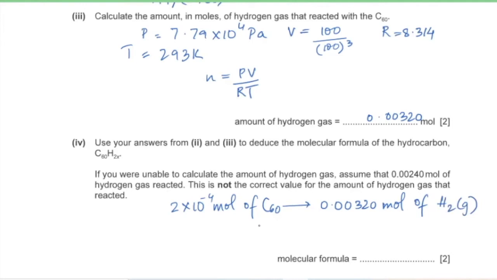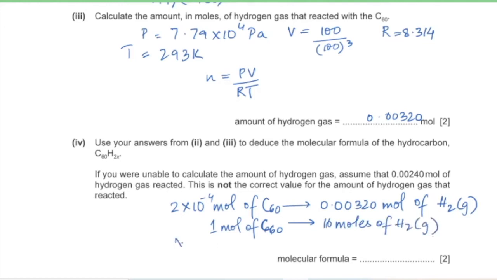Which means that 1 mole of C60 would require 1 into 0.00320 divided by 2 into 10 to the power of negative 4, which is 16 moles. So 1 mole of C60 would require 16 moles of hydrogen gas.